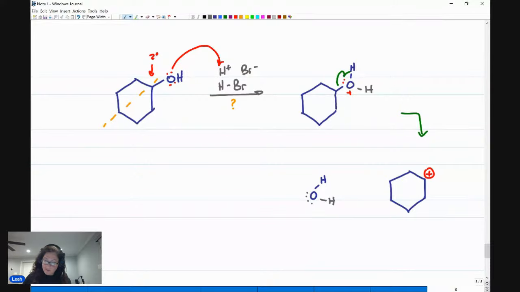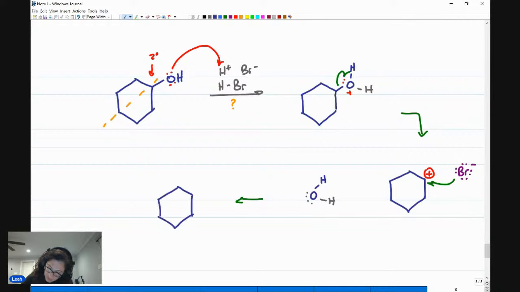Now I'm showing you the same thing with the Br minus in solution. The difference is, in this case, it's not a solution of water, it's one water molecule that just popped off and came off on its own. But I have enough Br minus compared to the water molecule. Now it's in a 1-to-1 ratio, and so now the Br minus can, in fact, come in and attack. And that gives me my reaction.